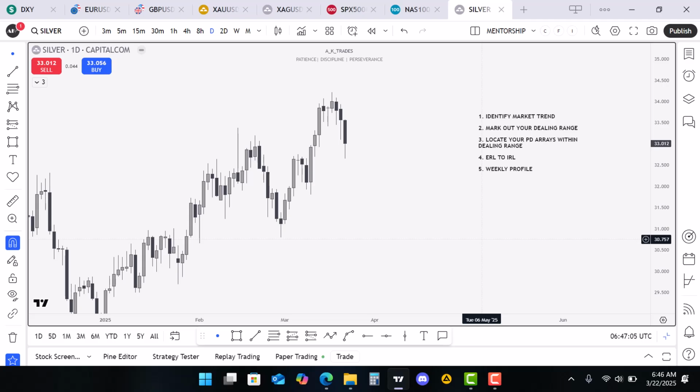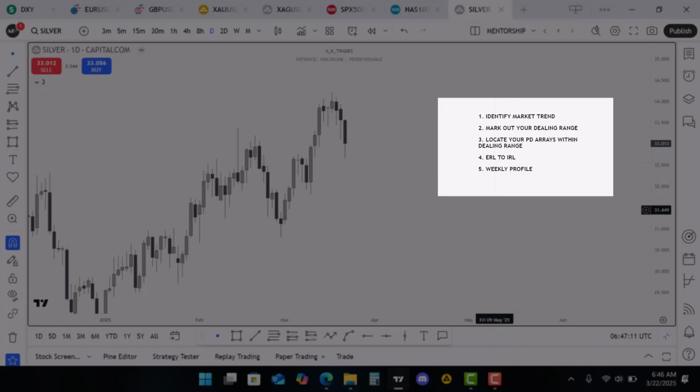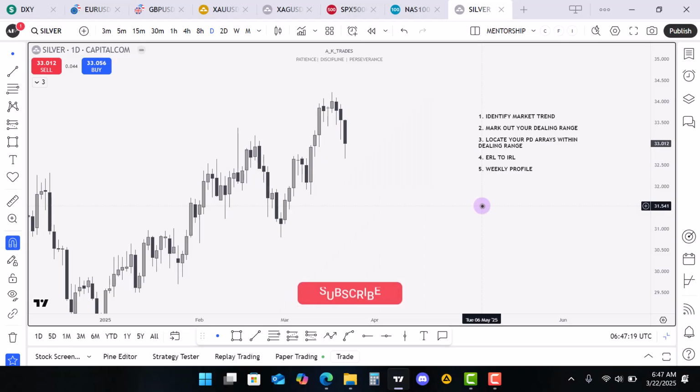So, as we can see here, we are on the silver daily chart, and at the top right corner of the chart, I have listed some key points that should guide us through our higher time frame analysis, in this case the daily chart, before we drop down to the intermediate time frame and entry time frames to look for our entries.